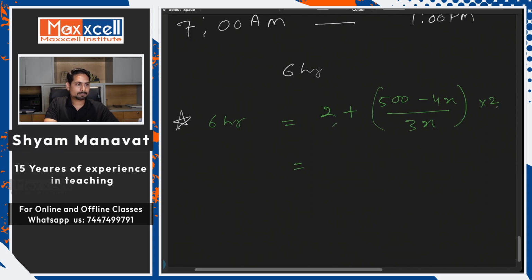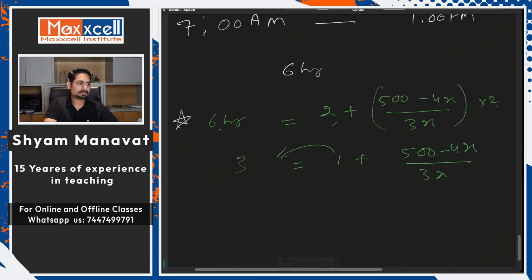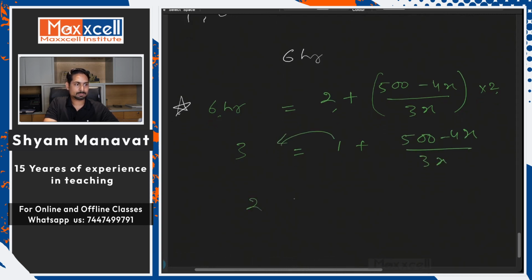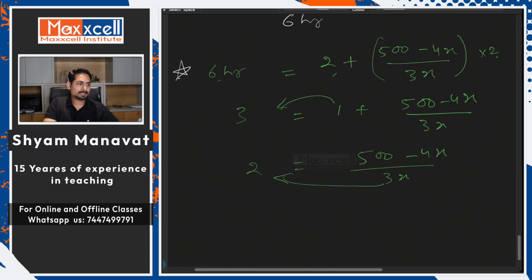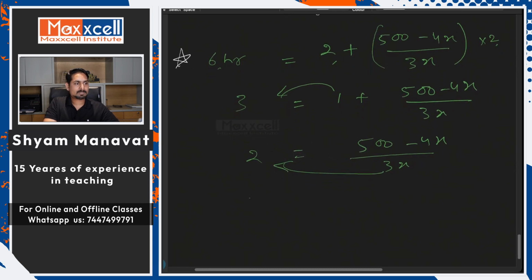Can I take 2 common from each and divide here by 2? So I get 3 equal to 1 plus (500 minus 4x) by 3x. Now it's all equation solving. If I take 1 here, 3 minus 1 is 2, right? 2 equals (500 minus 4x) by 3x. Now if I take 3x here, this will become 6x equal to 500 minus 4x.